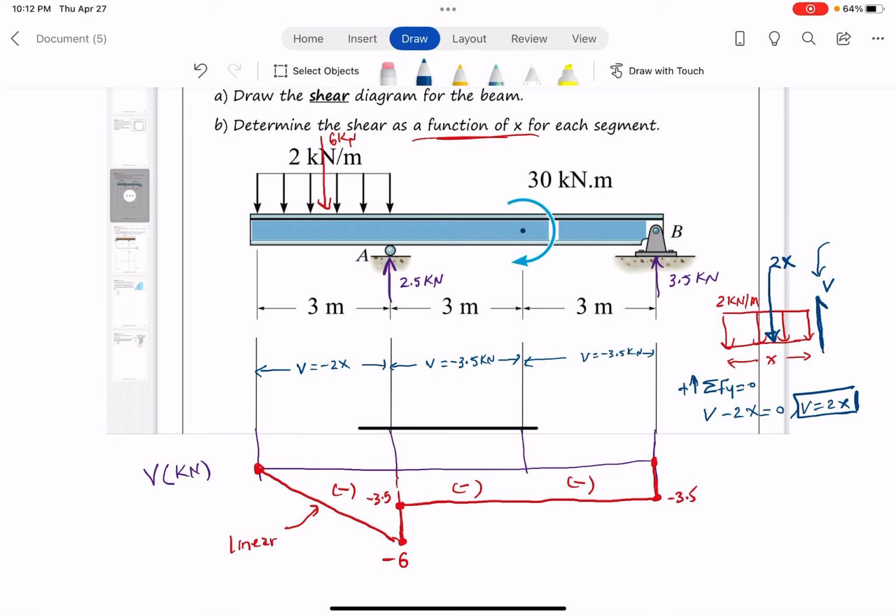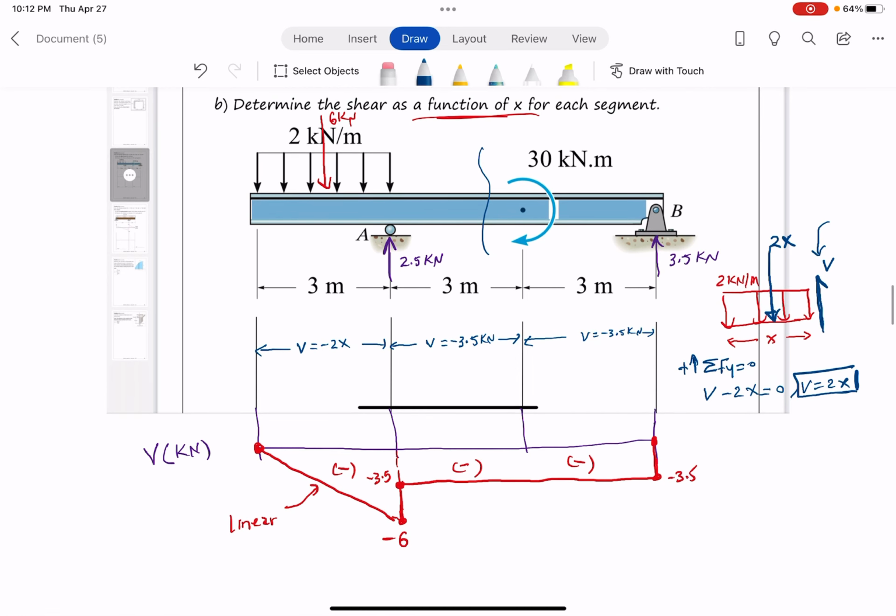Okay, let's do a cut. Let's do a cut at any point, at this point. Okay, just for curiosity, let's just do a cut. So if you do a cut at this point, whether it's before the moment or after the moment, who cares? We have this uniform distributed load, 2 kilonewton per meter, and this is 3 meter.